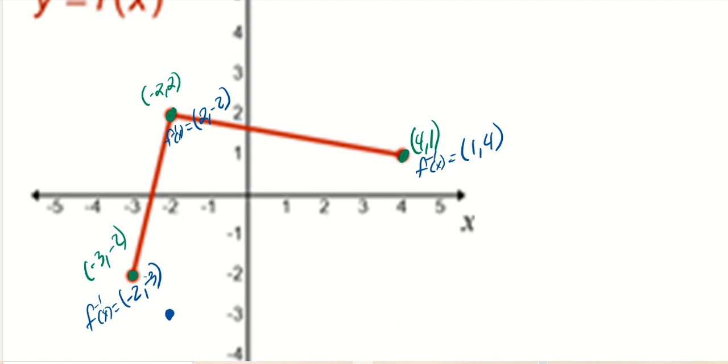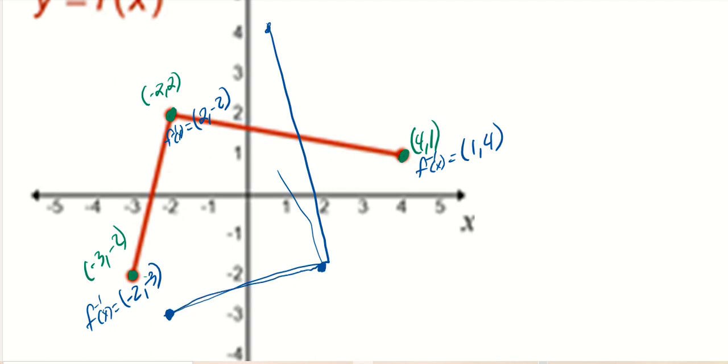Then my next point is 1, 4. So I come here to 1 and go up here to 4. So now I connect my dots. Boom, boom, and boom. And I have my weird looking L-shaped graph.